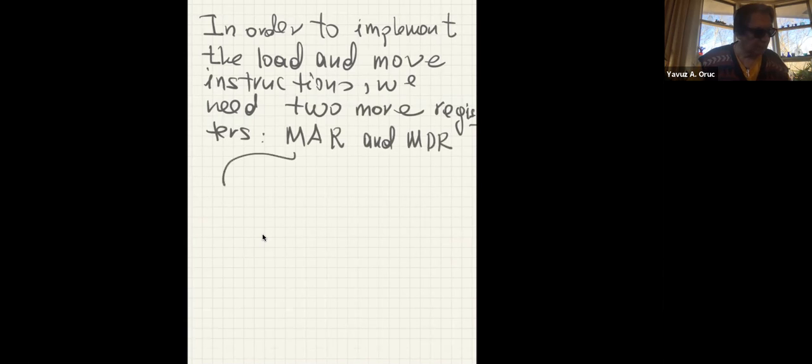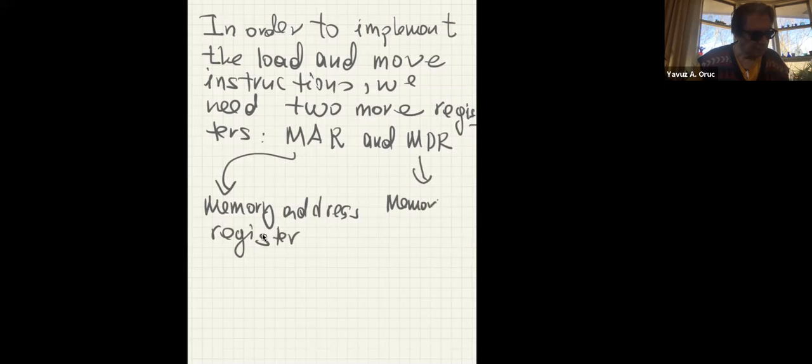This we call memory address register. And we call this memory data register. Okay.